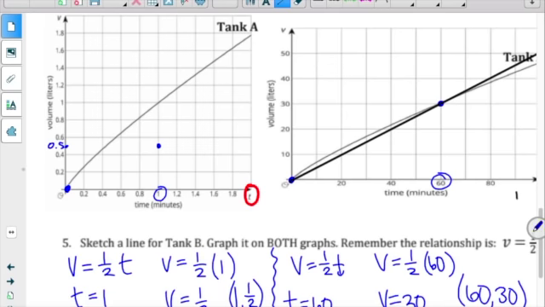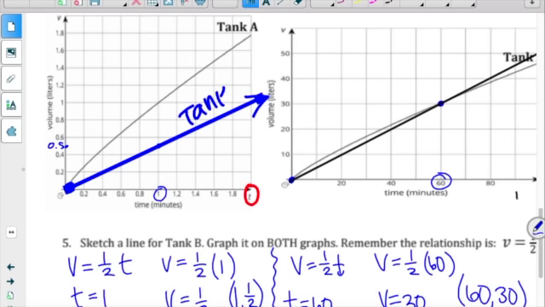Okay, and then there is that one. Okay. So, there's my two lines. And they both represent tank B, so I'm going to write that. And this one is a black line.